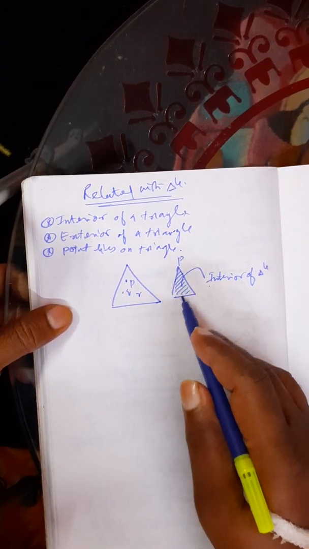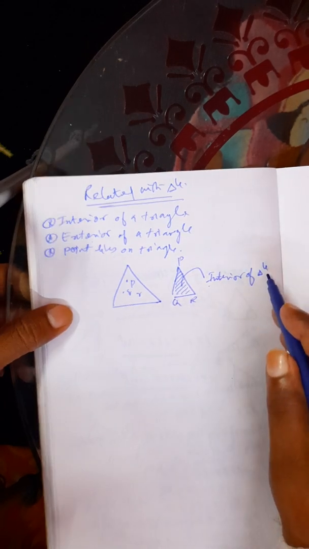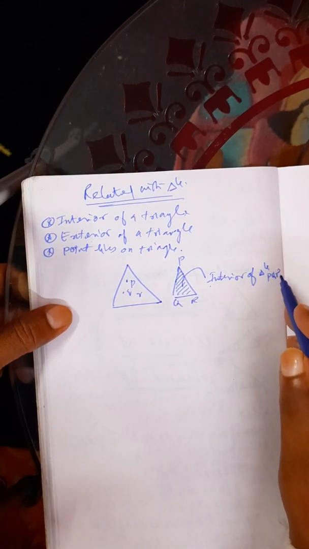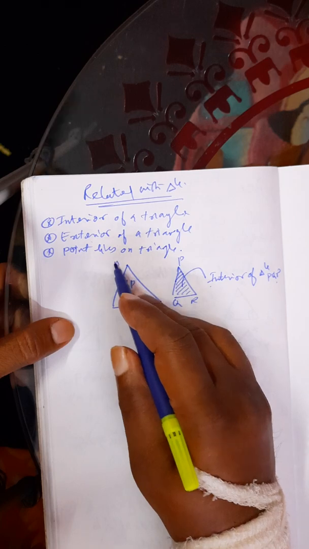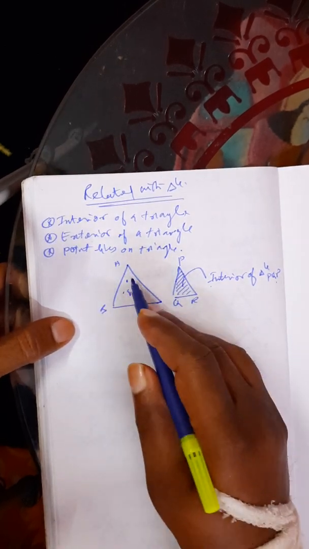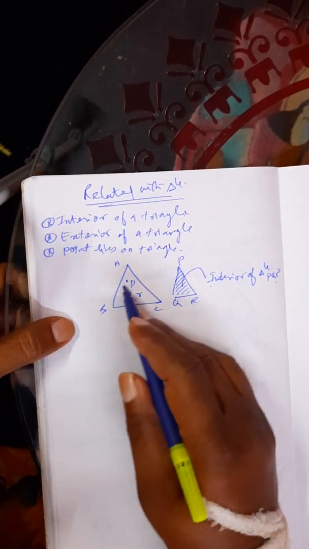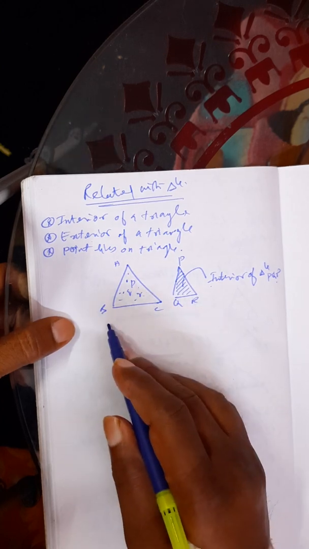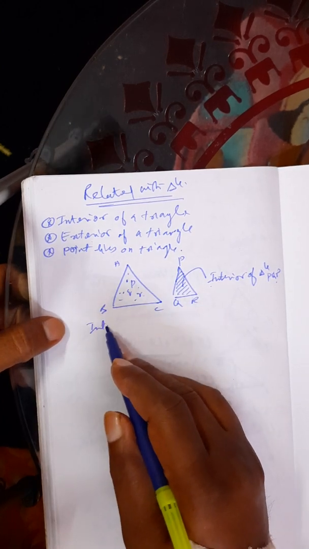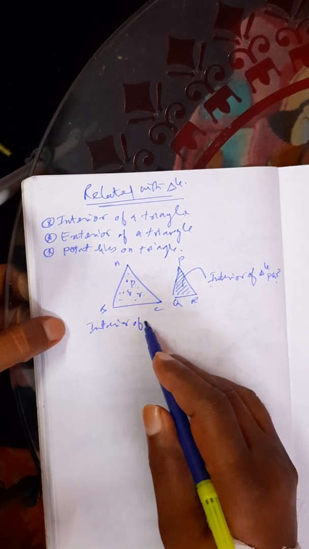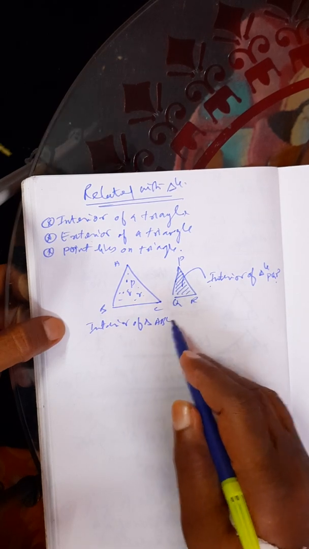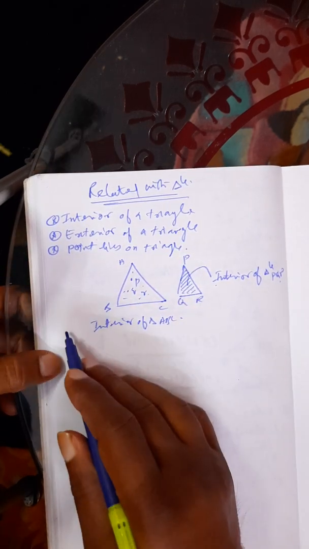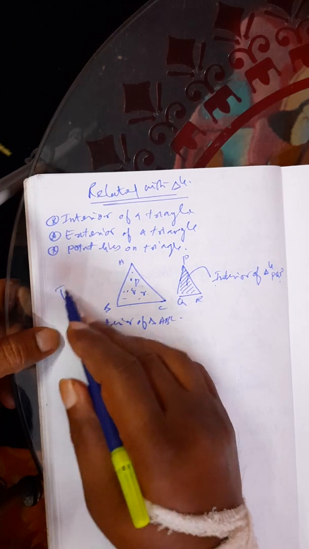It is PQR, so the interior of triangle PQR. If it is ABC, all these points and the space inside is called the interior of triangle ABC. So the first, interior, is over.